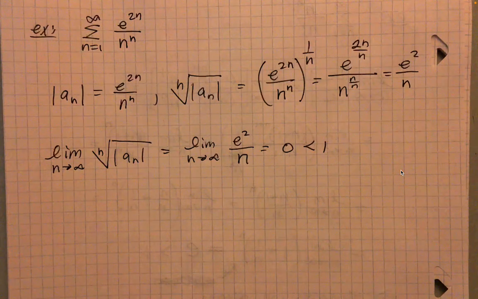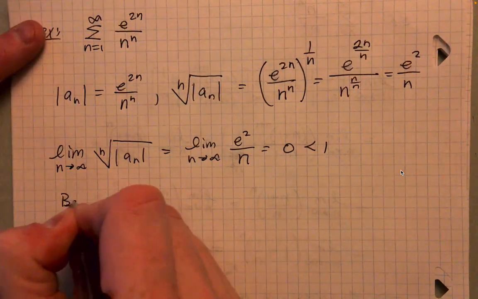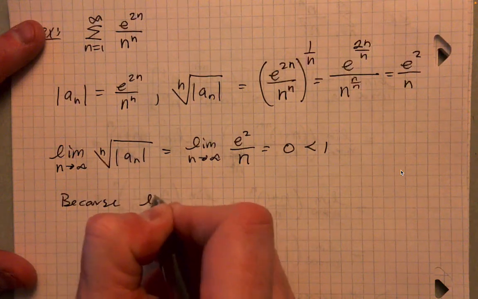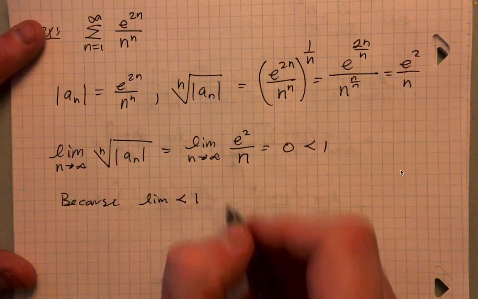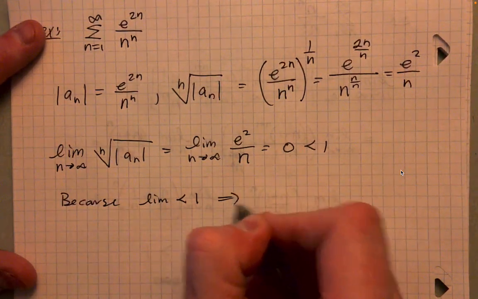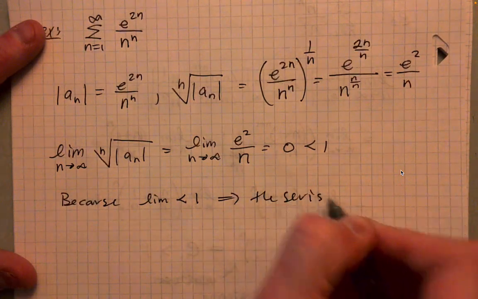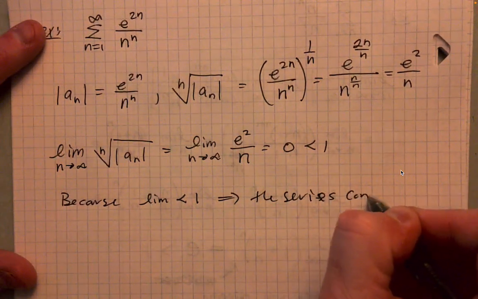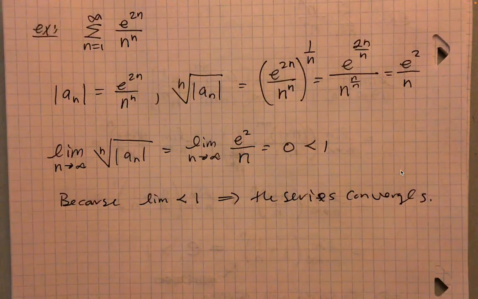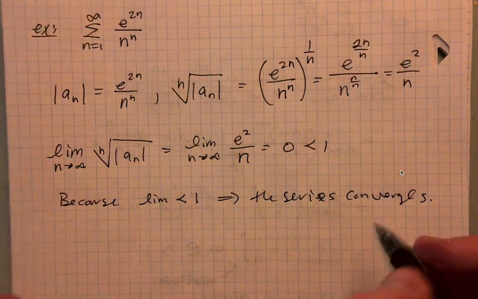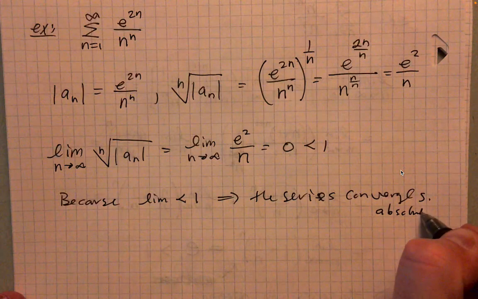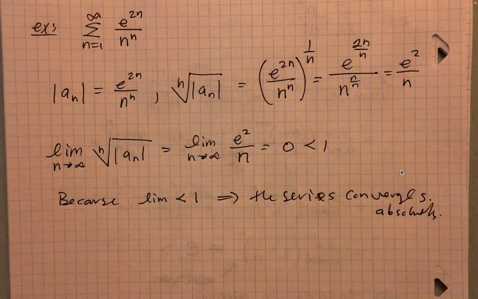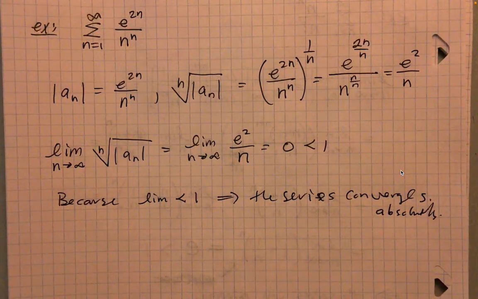So because the limit is less than 1, the series converges. Sorry, I should say it converges absolutely. Okay, and that's the root test.